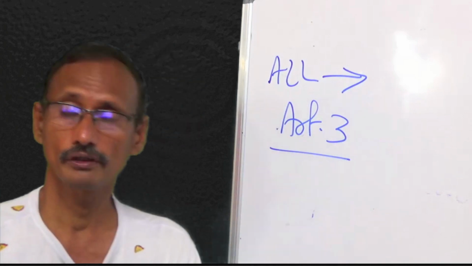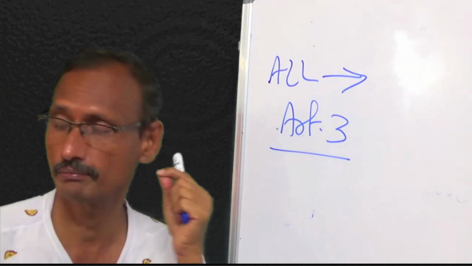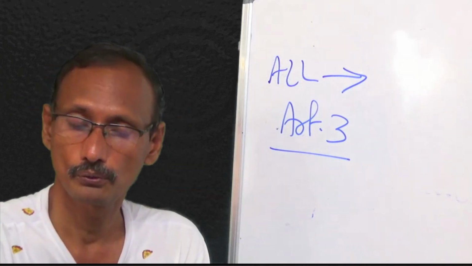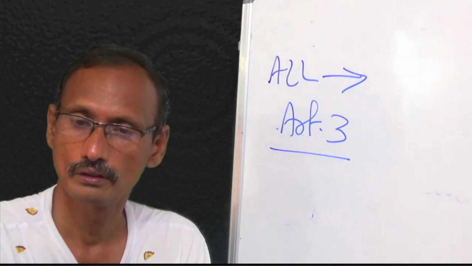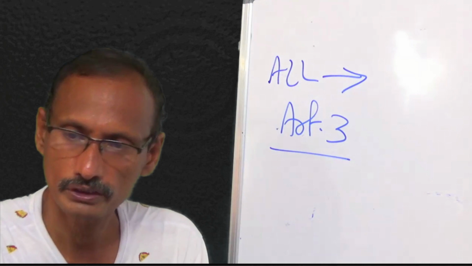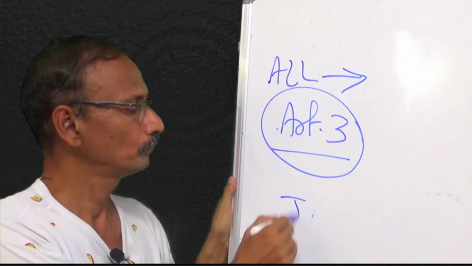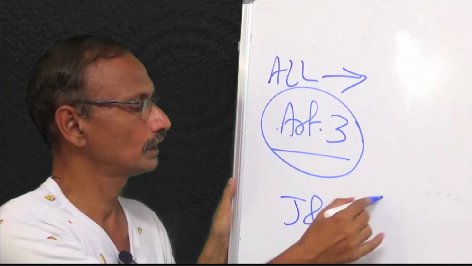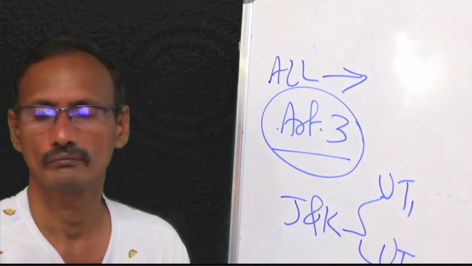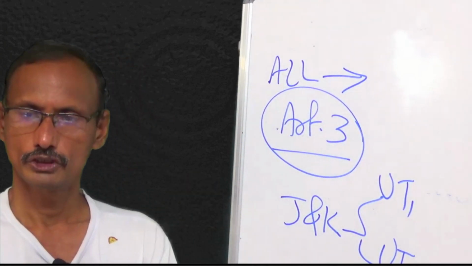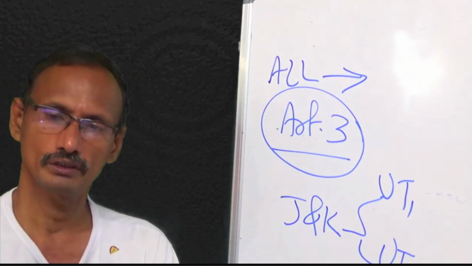Article 3 empowers the Union government, empowers the Parliament, to bifurcate or trifurcate a state. So because all the provisions are applied, now Article 3 is applied to reduce Jammu and Kashmir to union territories. Jammu and Kashmir Union Territory with legislature and Ladakh Union Territory without legislature.